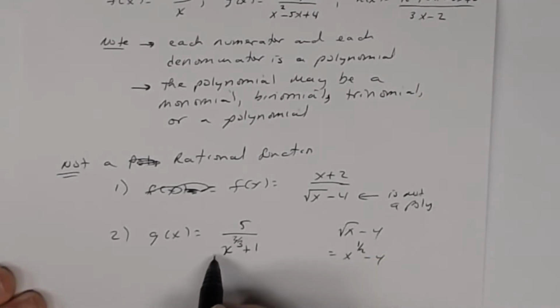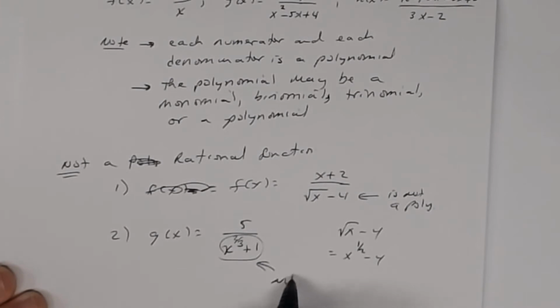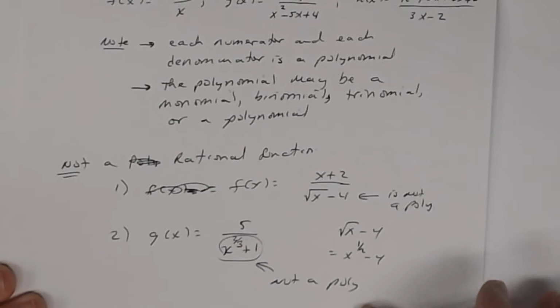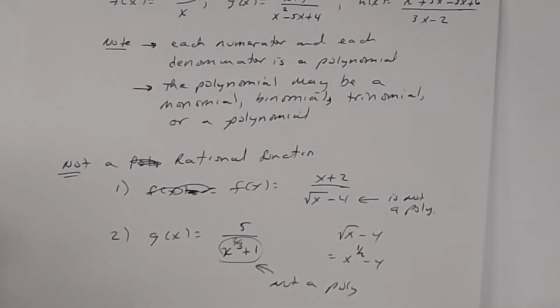Same thing here. This is not a polynomial. The exponent is not a whole number right here. That's 2/3, and 2/3 is not a whole number. So just keep that in mind when you talk about what a rational function needs to look like.